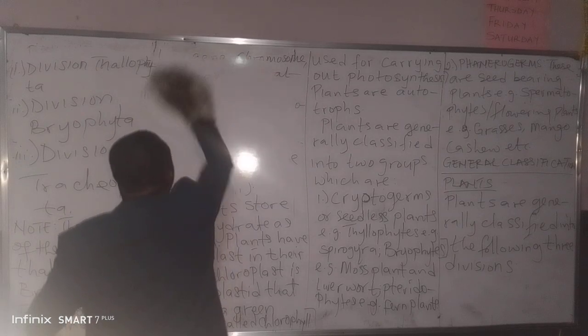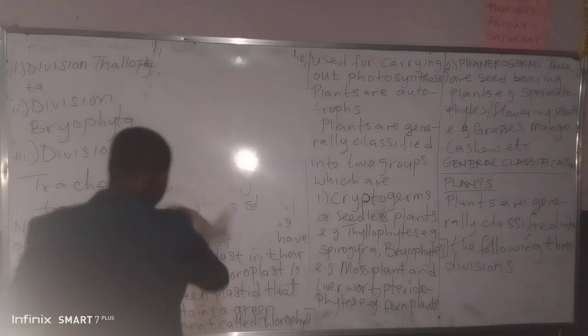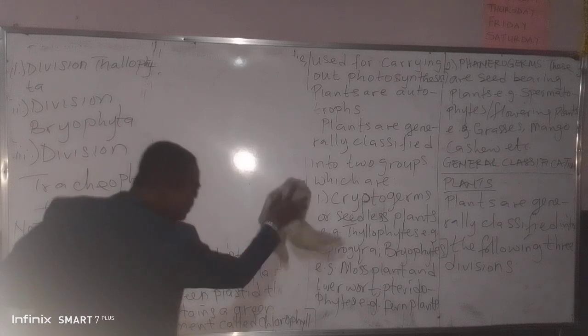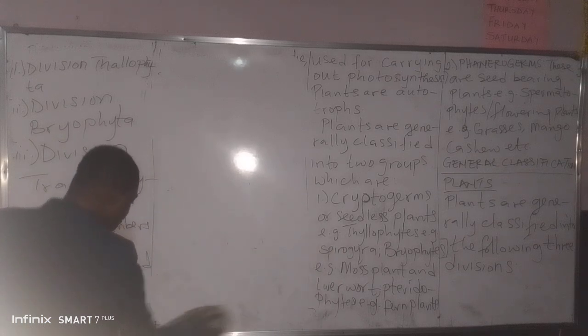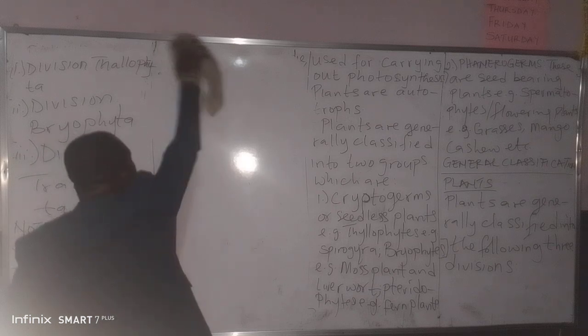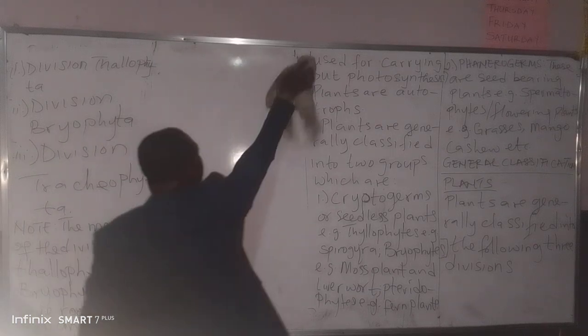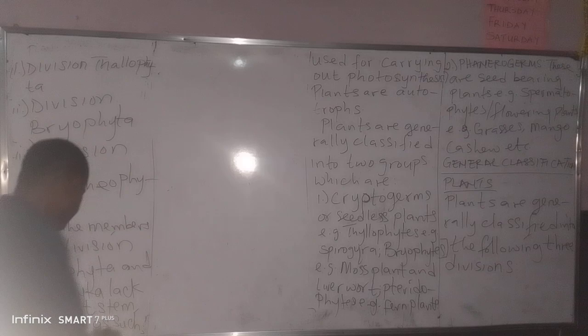Those of them that will have something that will look like root, we don't call it root, we call it rhizoid. Root-like structure, something that looks like root, but it's not actually root. That one is called rhizoid. Something that looks like leaf in them is called leaflet, not leaf. So that is that.